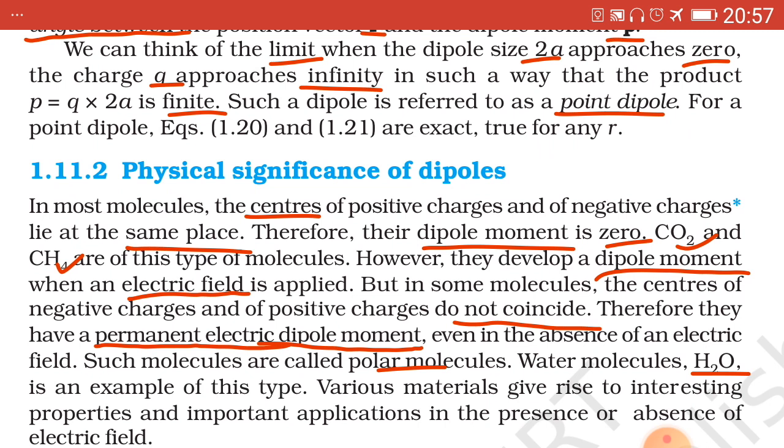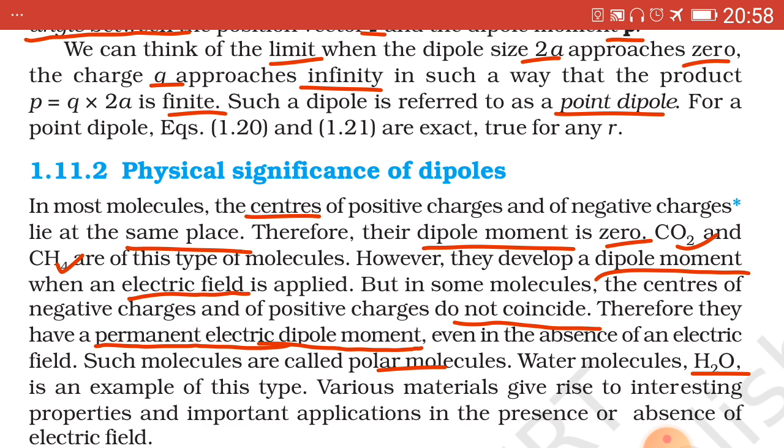Next point, but in some molecules the centers of positive charges and negative charges do not coincide, and hence they have a permanent electric dipole moment, even in the absence of an electric field.